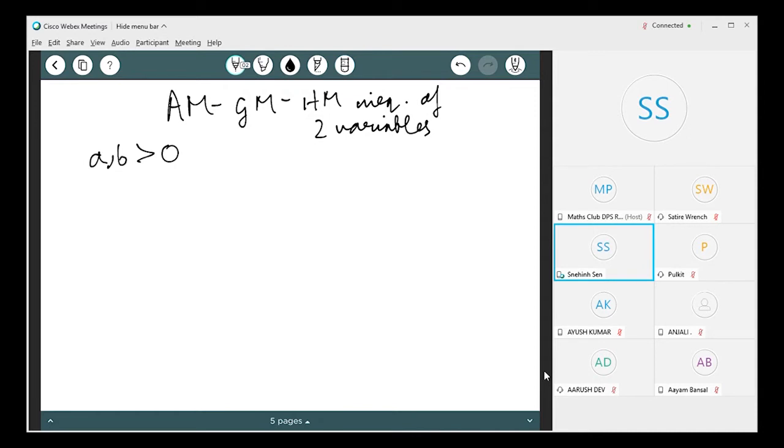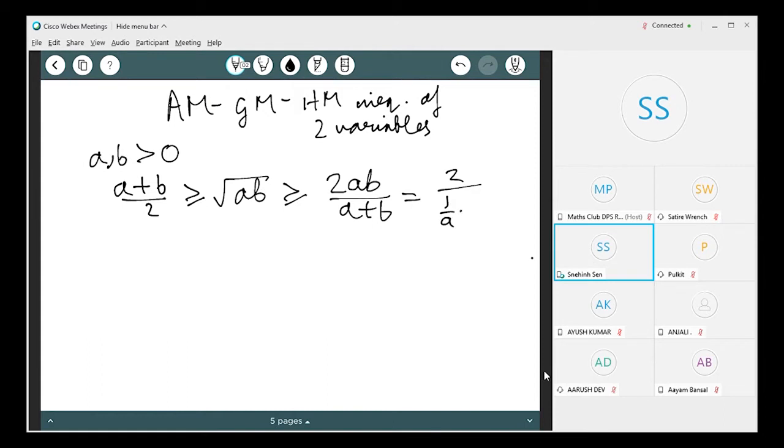That would be better because I won't be using squares then. When a, b greater than 0, then (a plus b) by 2 is greater than or equal to square root of ab. This is our AM-GM standard thing. This is greater than or equal to 2ab by a plus b, or this thing is also written as 2 by (1 by a plus 1 by b).